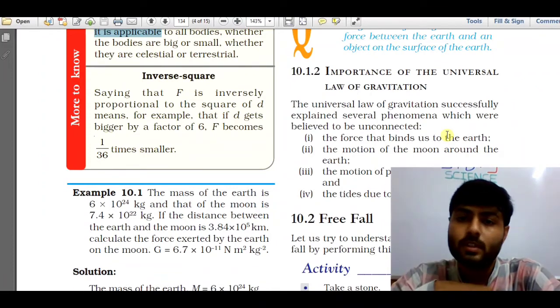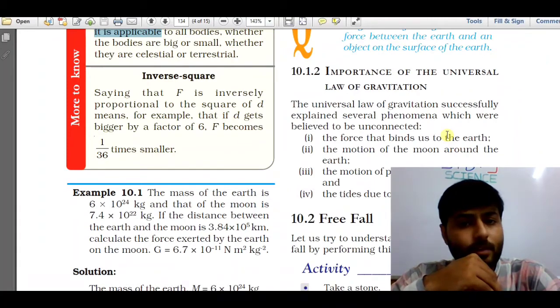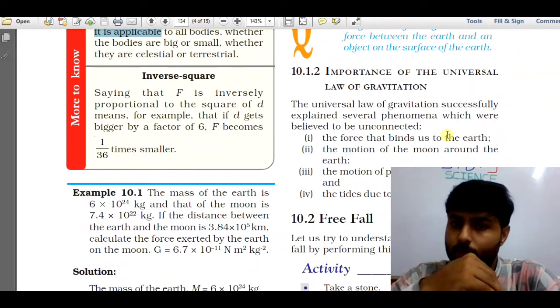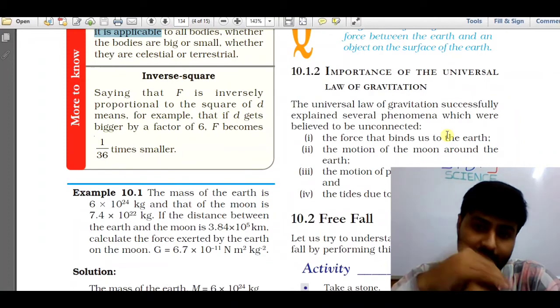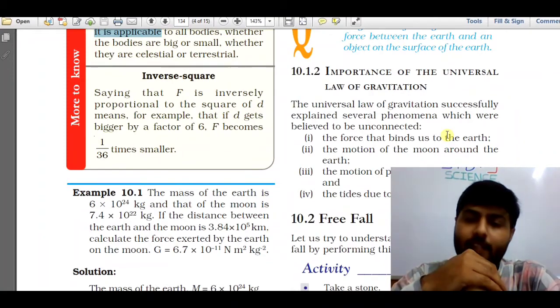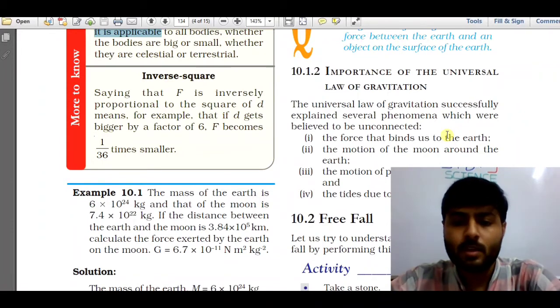There is some force that binds us to earth, but before the discovery of this gravitational force, we did not have an answer to this question of why we are on earth and why we are attached to the earth's surface. So here the first point, the force that binds us to the earth, is gravitational force.